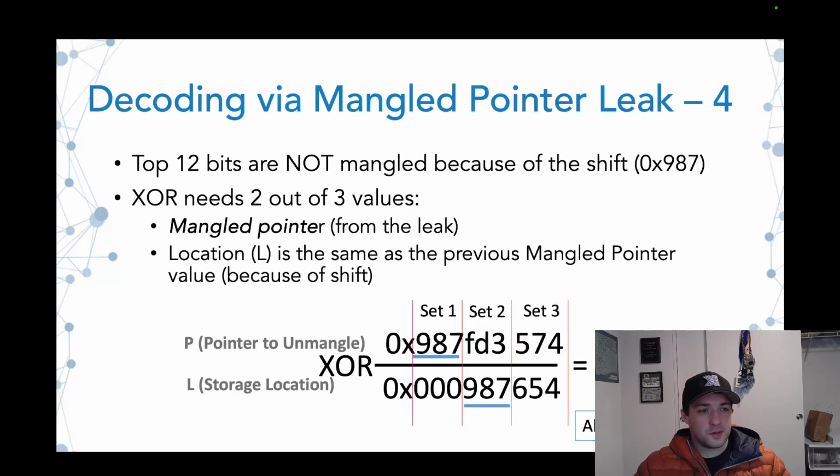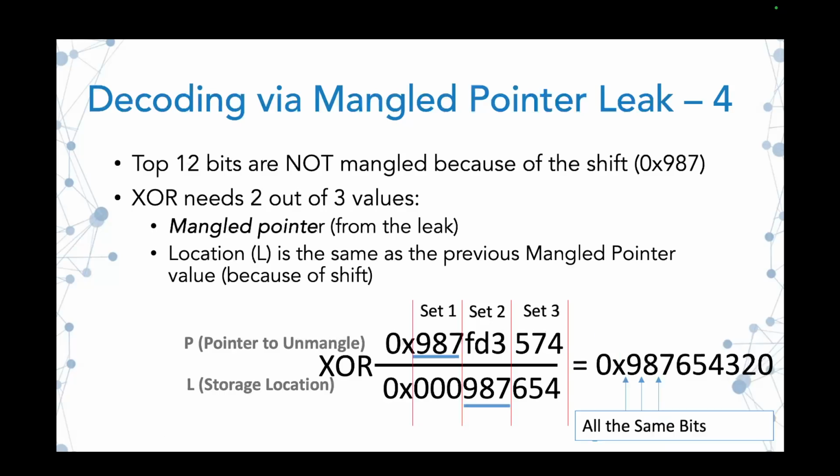So because the top 12 bits are not mangled, if the addresses that we're dealing with are similar enough, then you can actually use this to just decode the whole thing. And you can just do this whole process in reverse, like we did before. Again, there are limitations, though.